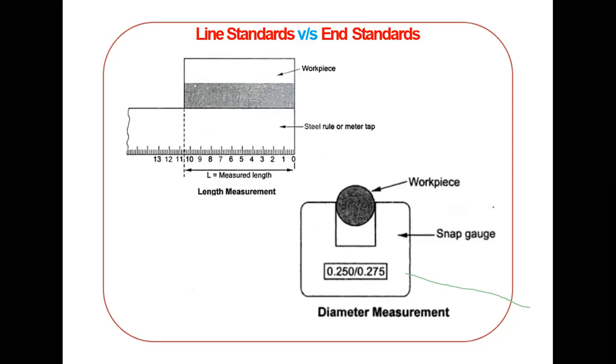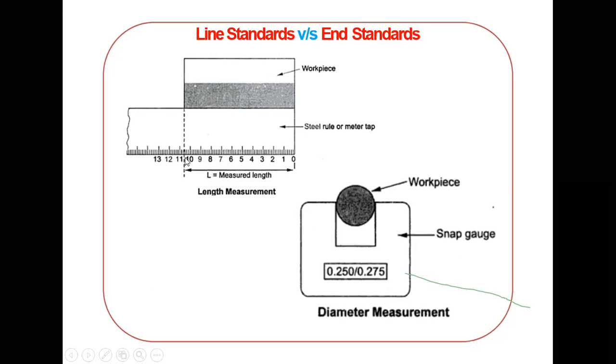And we can see the difference between the line standard and the end standard. In the first picture, this is the line standard. The top one is the workpiece. We have to calculate the measurement for this workpiece, and we have the length measurement, that is the steel rule. We are measuring it against the workpiece.